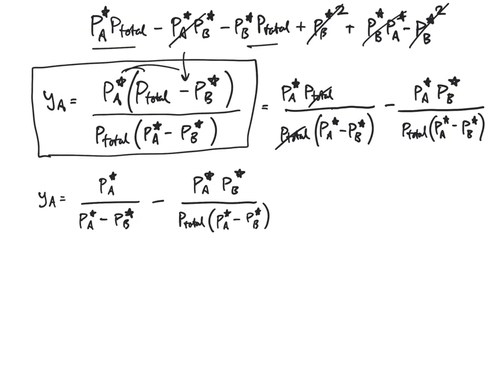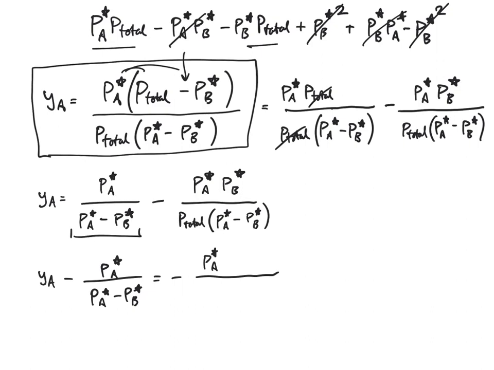Okay, next I'm going to subtract this expression from both sides of the equation, and I get YA minus PA star over PA star minus PB star equals negative PA star PB star over P total, PA star minus PB star.